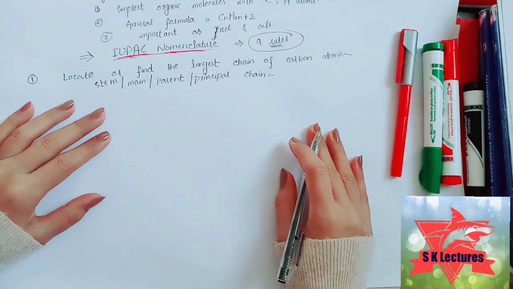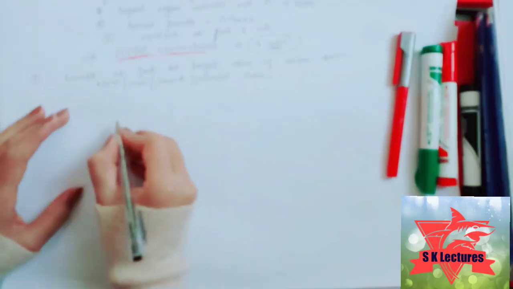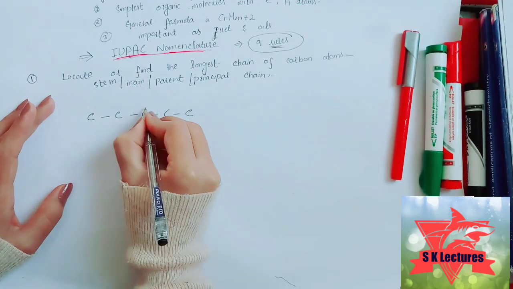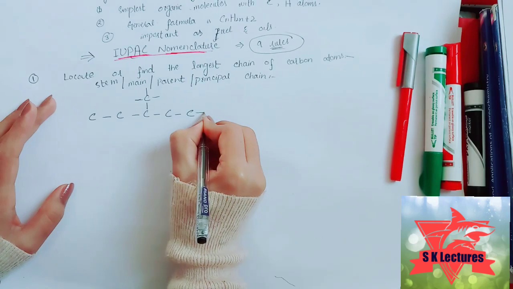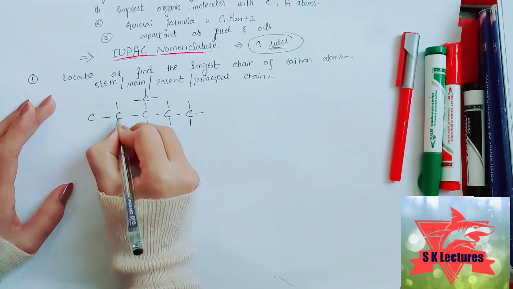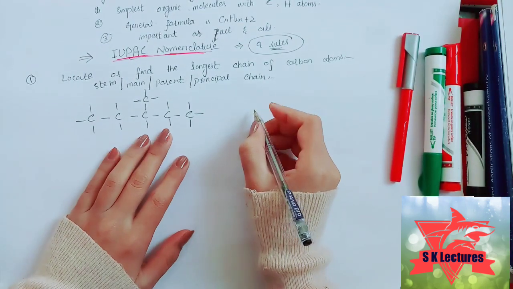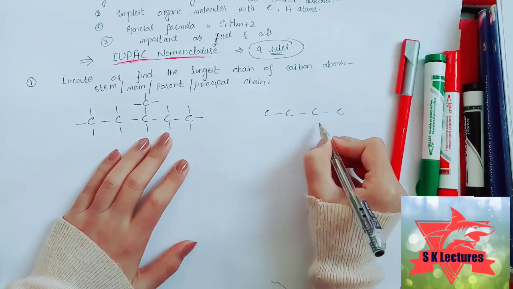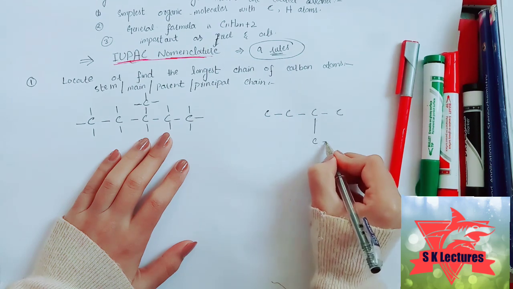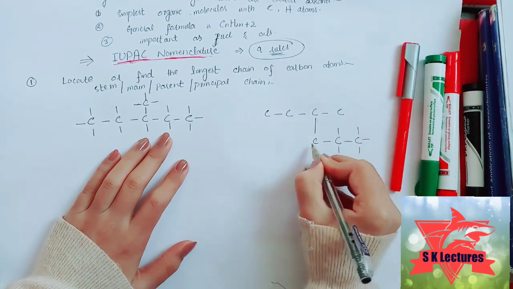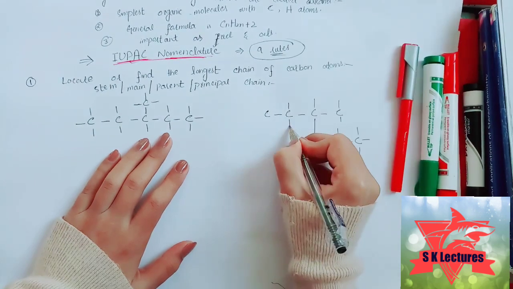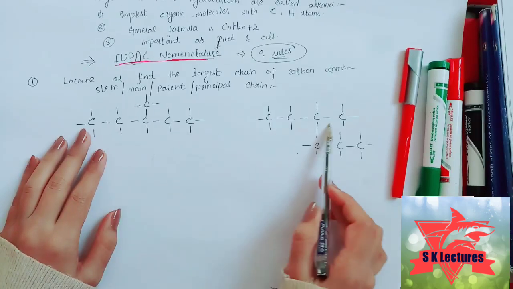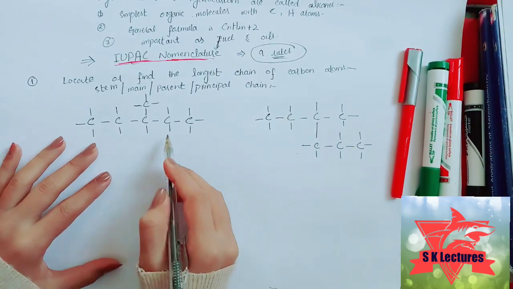First of all, I'm giving you the example in which 5 carbons are present in a chain and a substituent carbon is present. Just like this, the valency of carbon is 4, so we need to attach 4 hydrogens with them. In another, 4 carbon atoms are in a straight chain, and a substituent chain is also present. So the first rule is to locate the chain which has the largest number of carbon atoms.